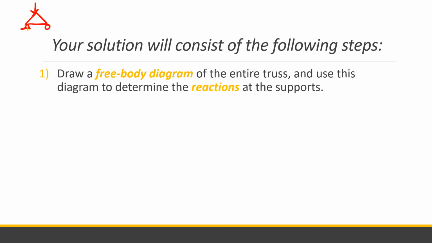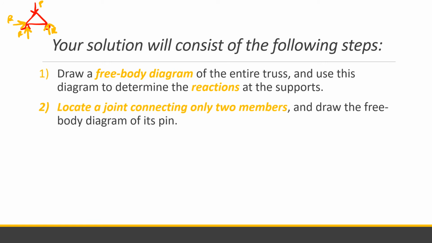Meron siyang reaction na ganito, no? Ganyan. So, given force P, isa-solve natin yung reactions muna, using the free body diagram. So, pag na-solve natin yung reaction, we will locate a joint connecting only two members.